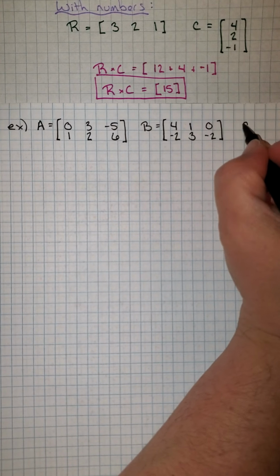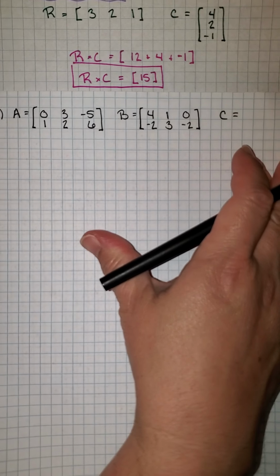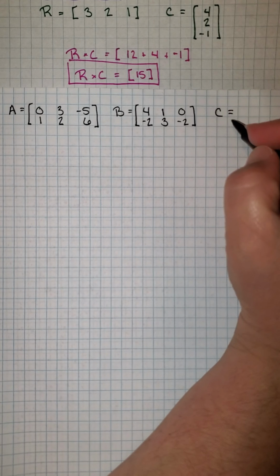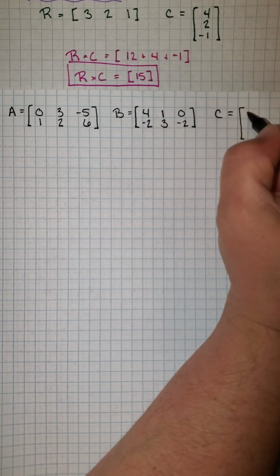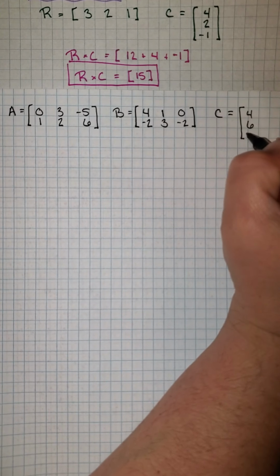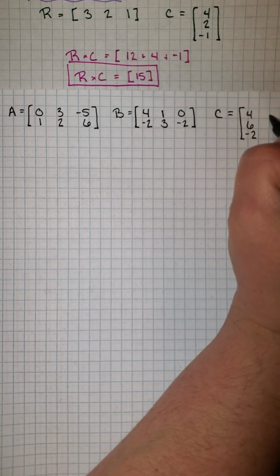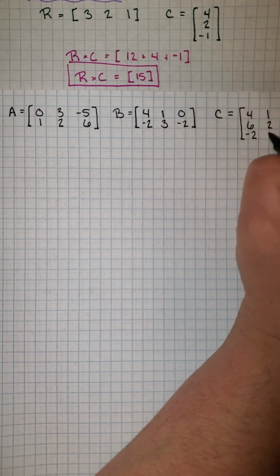And then we have matrix C, run out of space, which is 4, 6, negative 2, and 1, 2, 3.